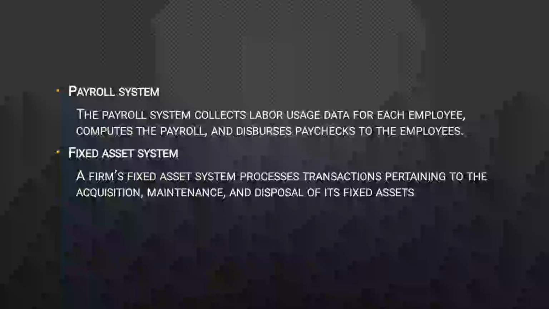So a firm's fixed asset system processes transactions pertaining to the acquisition, maintenance, and disposal of its assets. So dito naman sa fixed asset system is tinatrack and mini-maintain yung physical assets and equipment. So example nito is yung mga land, building, furnitures, and machineries.